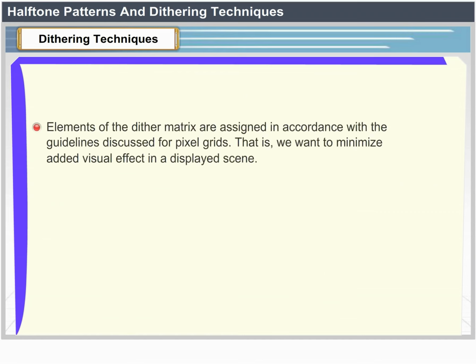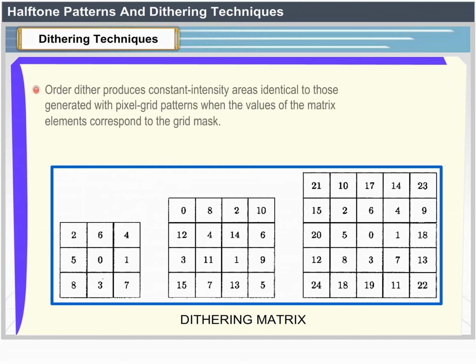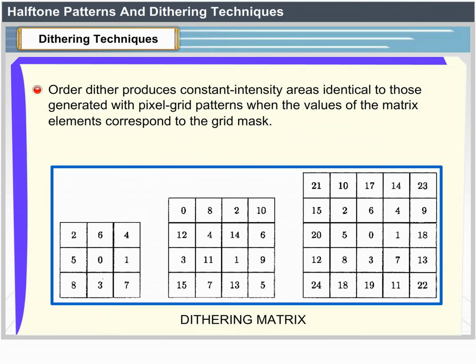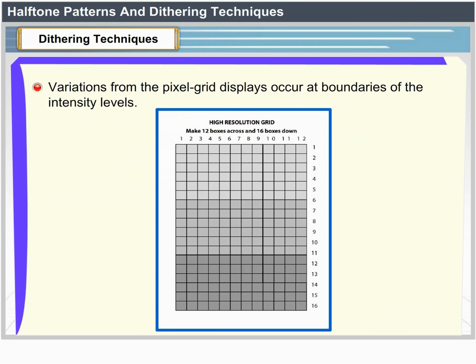Elements of the dither matrix are assigned in accordance with the guidelines discussed for pixel grids. That is, we want to minimize added visual effect in a displayed scene. Ordered dither produces constant intensity areas identical to those generated with pixel grid patterns when the values of the matrix elements correspond to the grid mask. Variations from the pixel grid display occur at boundaries of the intensity levels.